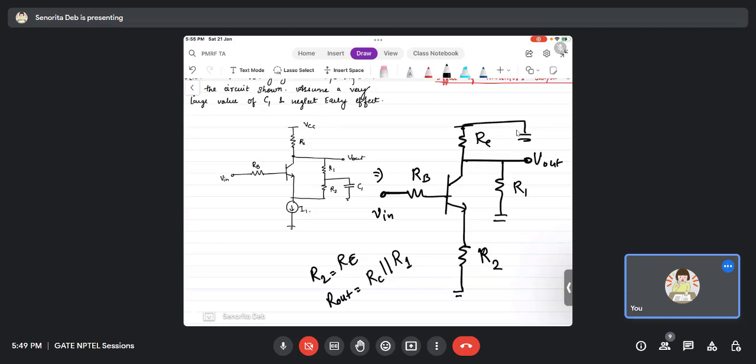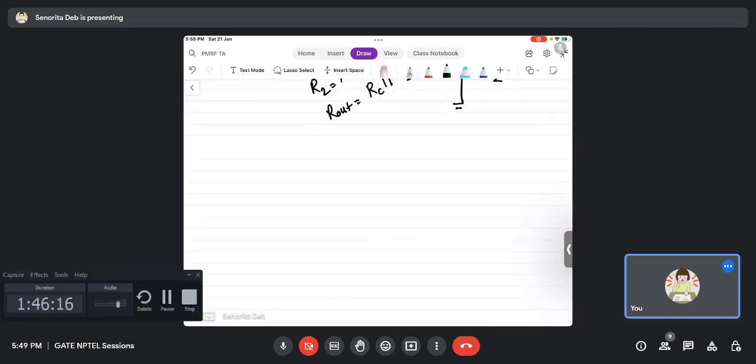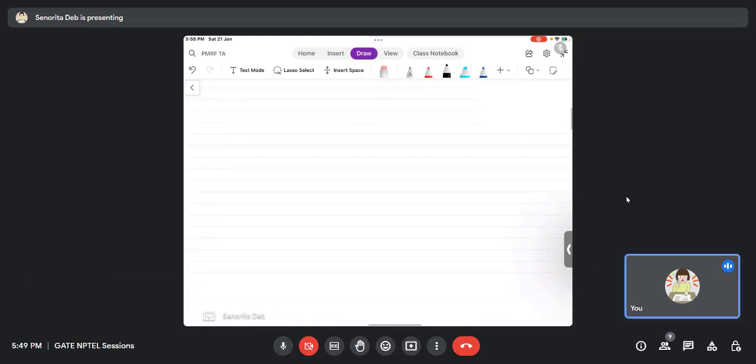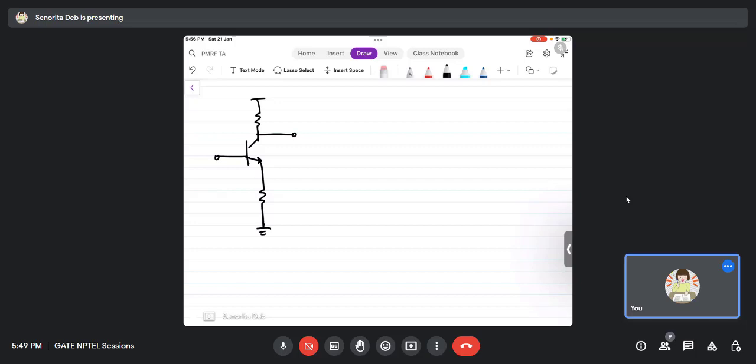So, okay. So another question we have. Now in this question, if you keep on drawing the small signal model, it will be very tedious.